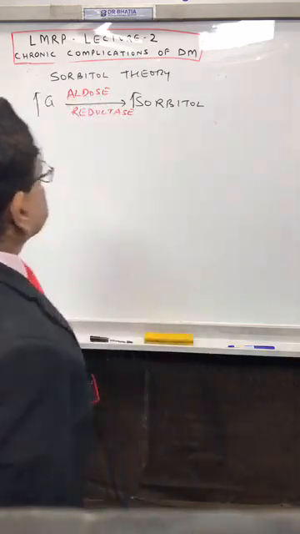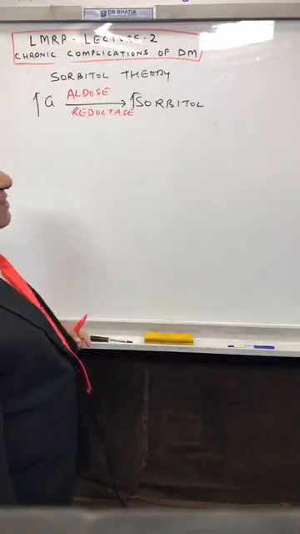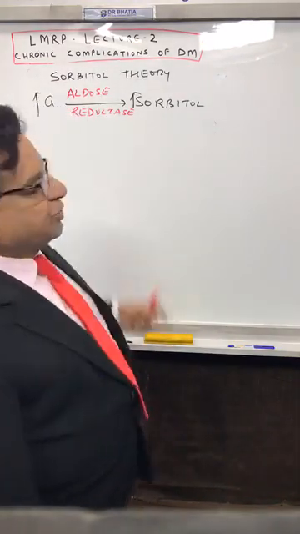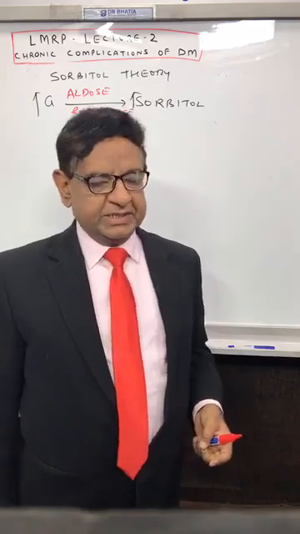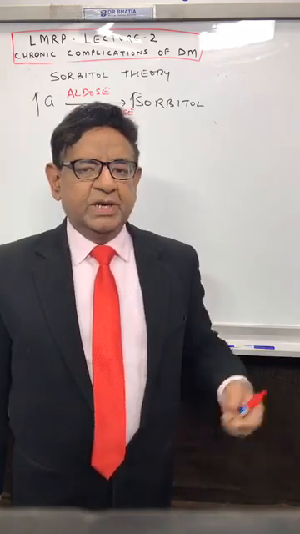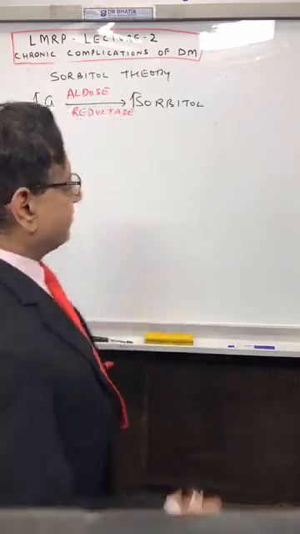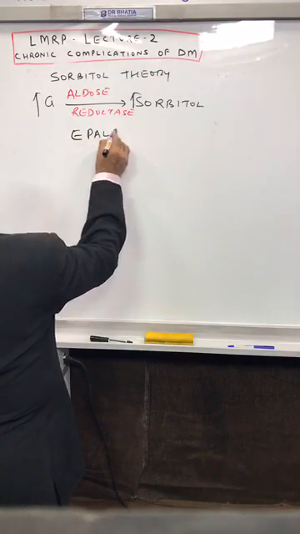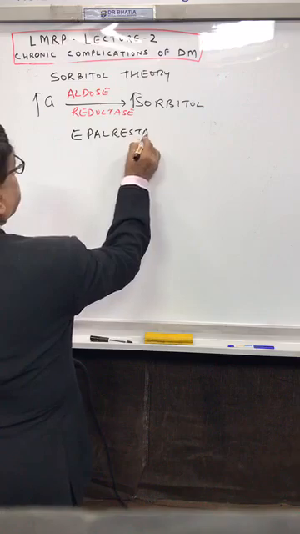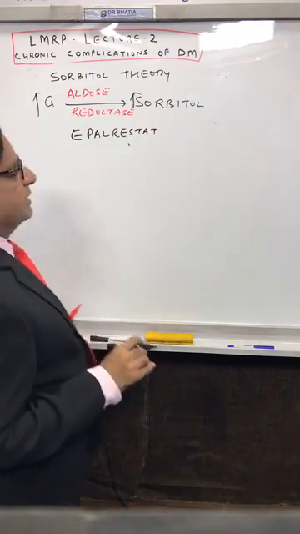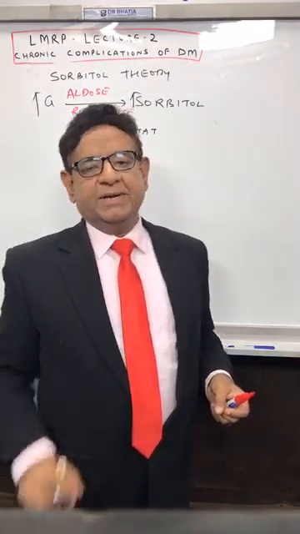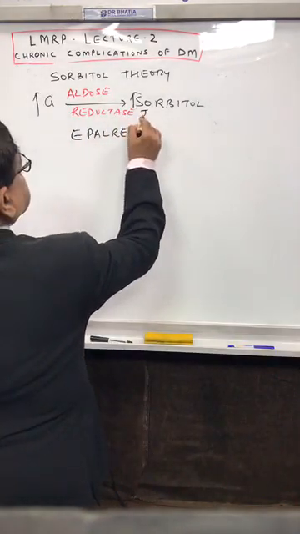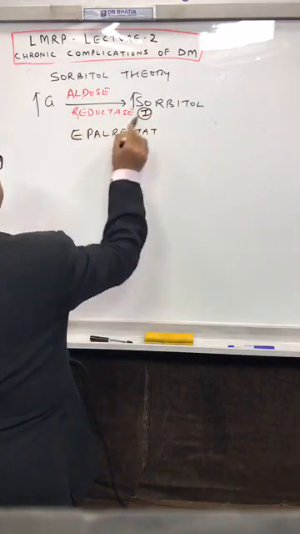So they knew this reaction for the last 50 years, and for the last 50 years they have been trying to get a drug which would be an aldose reductase inhibitor. Only 2 years back, they got a drug, epalrestat. Remember, it is not an anti-diabetic drug, but it is an aldose reductase inhibitor.